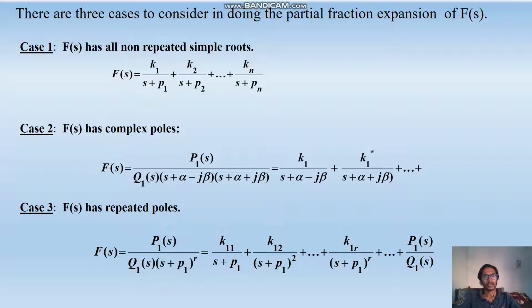Then we have the second case in which we have complex poles, in which we use this equation, F(s) equal to P(s) by Q(s) with the complex terms alpha minus j beta and alpha plus j beta, and then use partial fractions. And in case 3, F(s) has repeated poles, so we will use this type of partial fraction expansion to solve these equations. We will consider all the cases in detail in what follows.